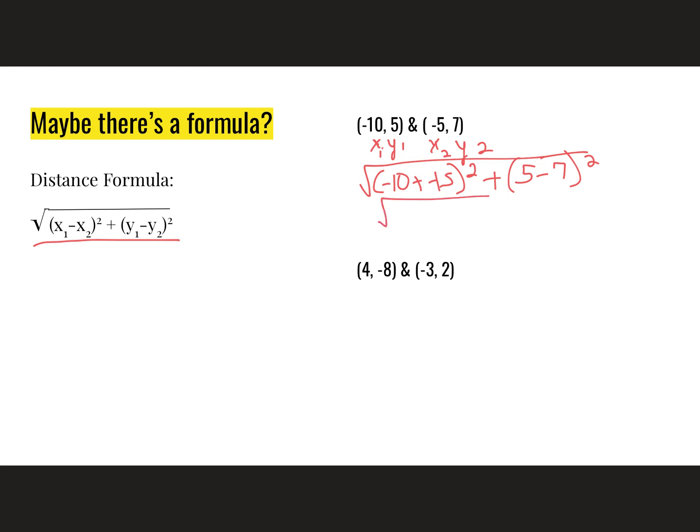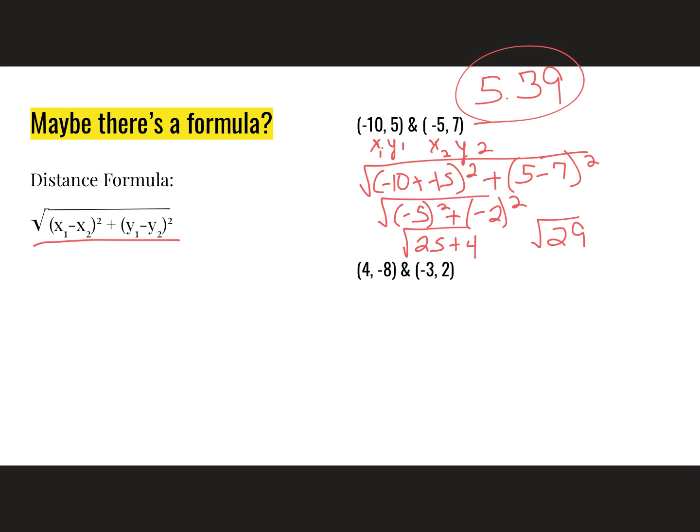So I have the square root of negative 5 squared plus negative 2 squared. So I have the square root of 25 plus 4, which is the square root of 29. If I put that in my calculator, the square root of 29 is 5.39.